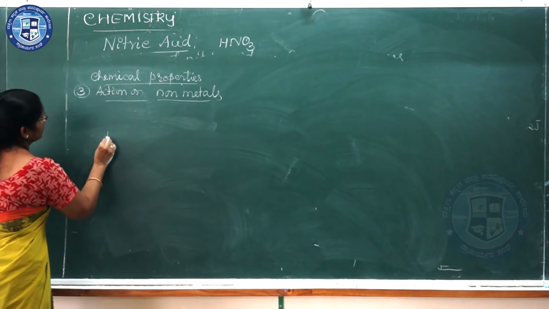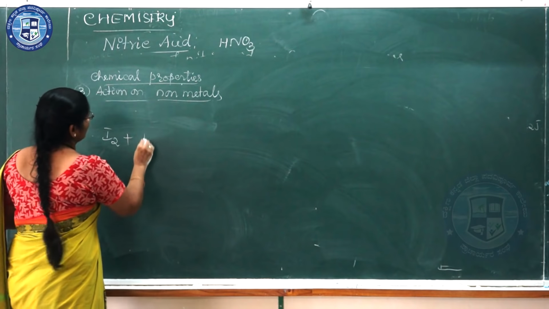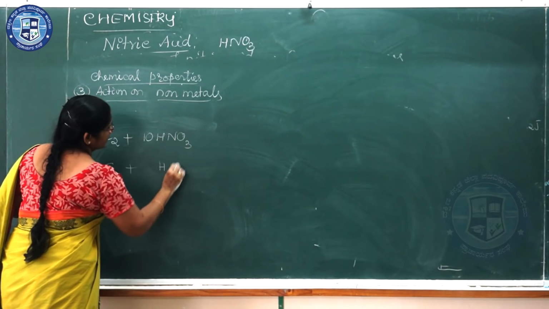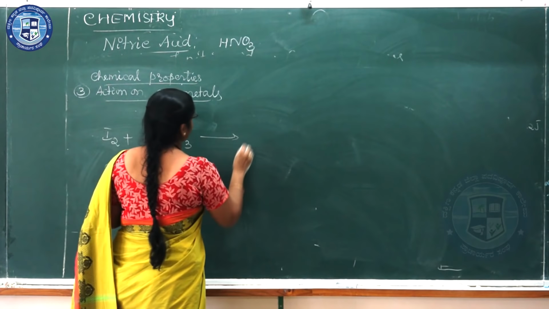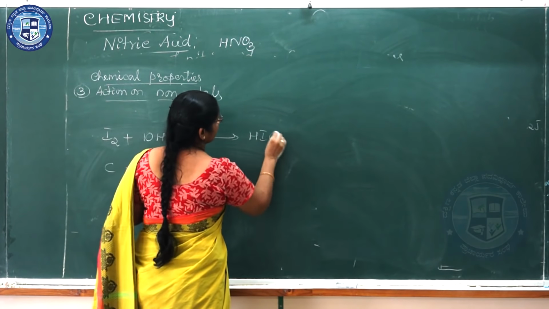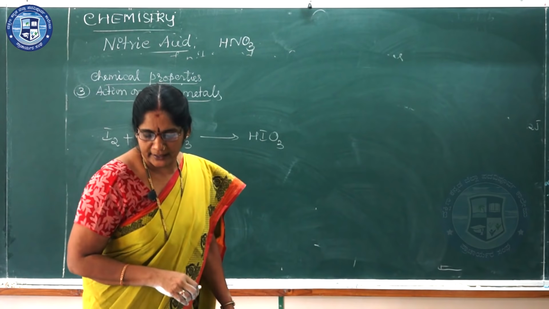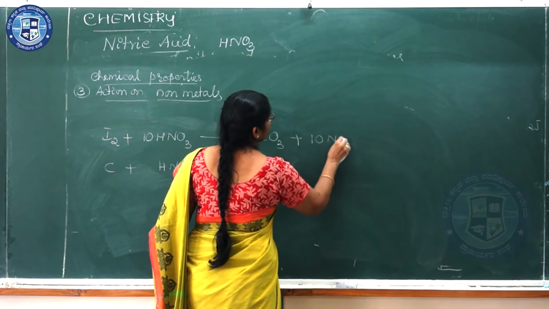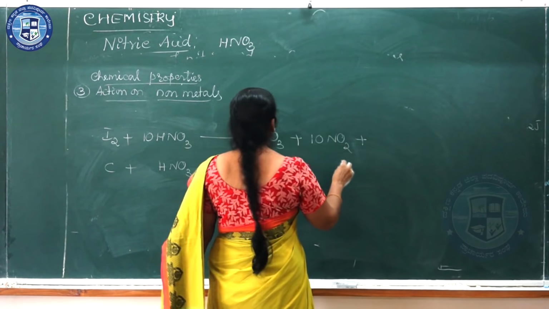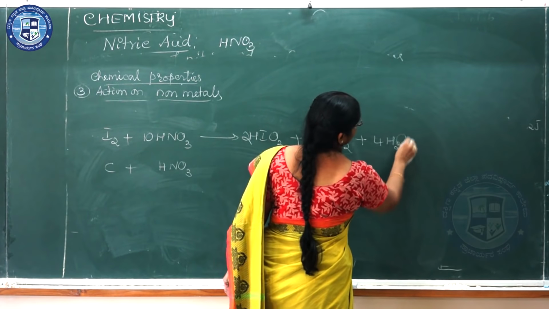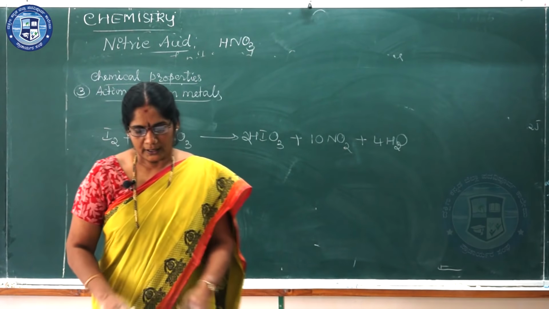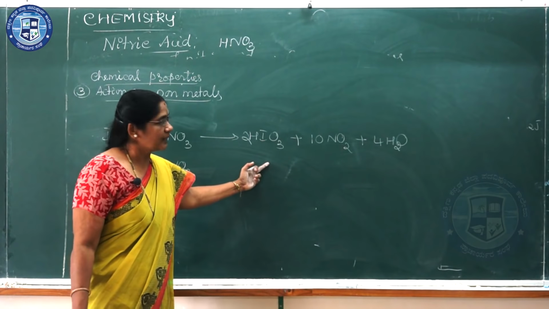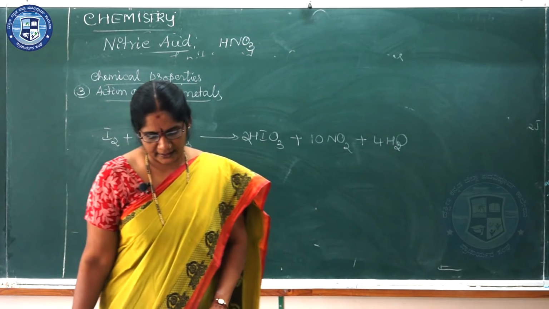When iodine or carbon etc. are made to react with nitric acid, iodine gives iodic acid with the formation of 2 iodic acid, 10 NO2 and 4 H2O. So iodine reacts with nitric acid and gives iodic acid with the formation of nitrogen dioxide and water.